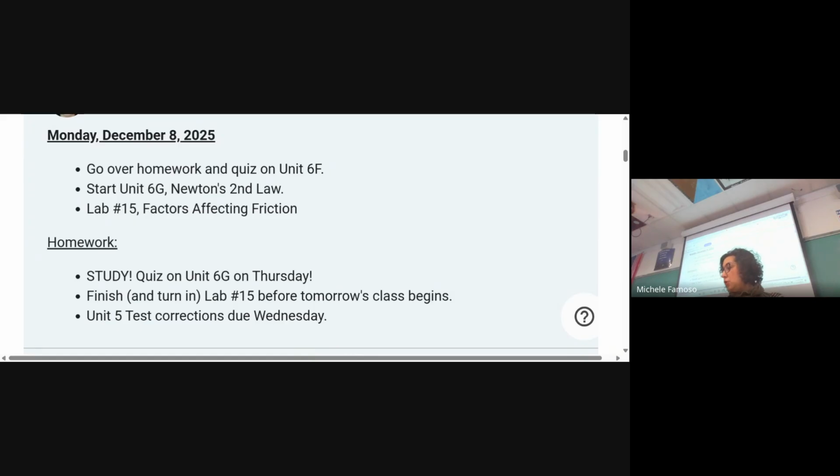All right, let's make sure your name is on top of the quiz and then pass it down this way. Once you passed it in, I'll need you to take out your notebook. And we're going to start section G of this unit today, which deals with Newton's second law.